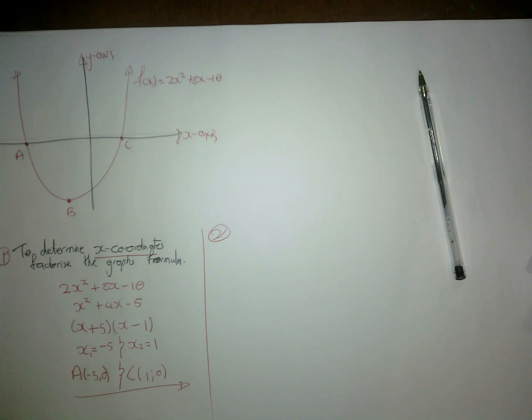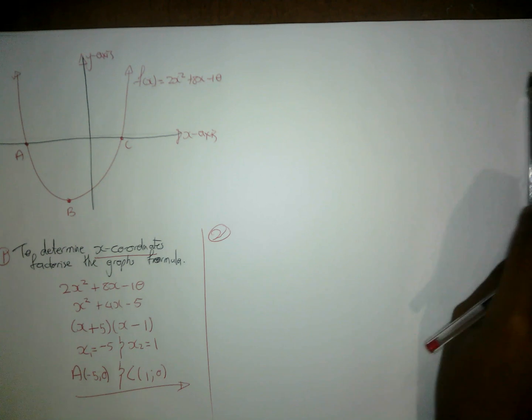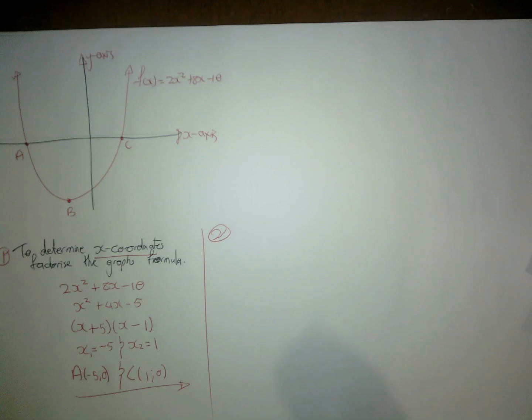If you can remember, last night when we had our session, we also had a parabola in there, and then we asked the same question: determine the turning point of the graph.